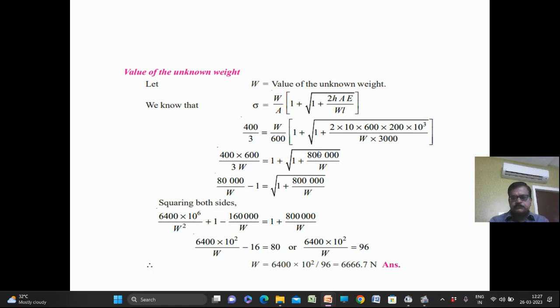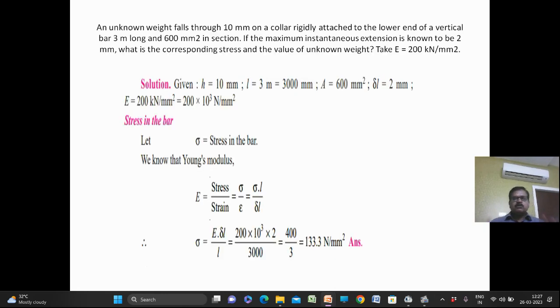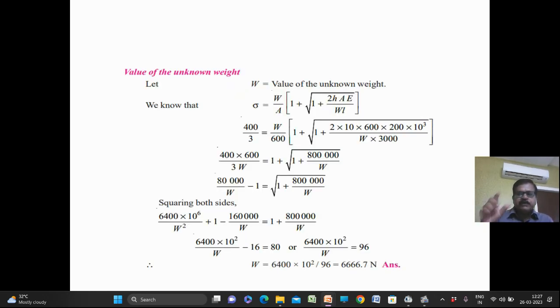By solving this for the value W, we got W as 6666.7 Newton. So we have found out two things. One, the stress induced in the bar, and second, the value of the weight that is falling through a height of 10 mm, which is causing a deflection of 2 mm.